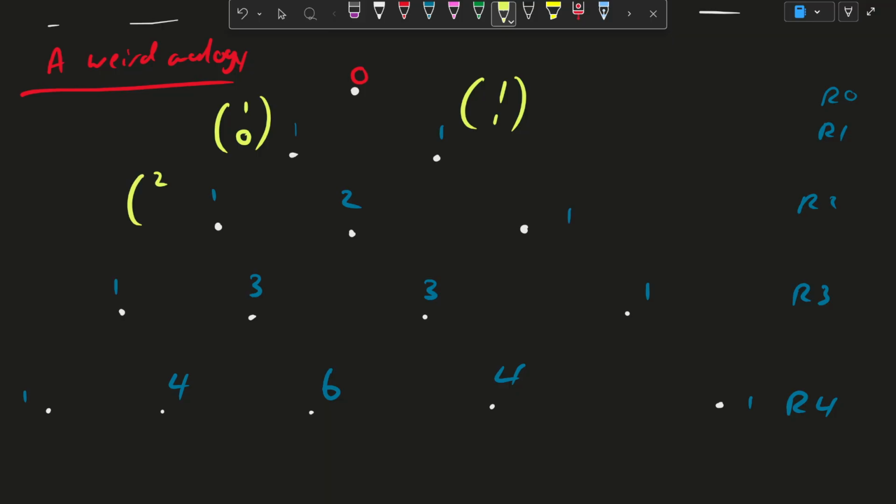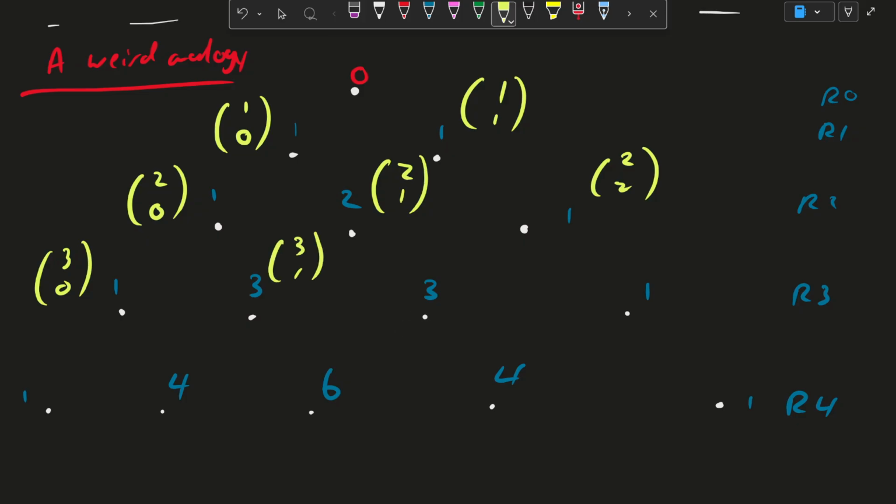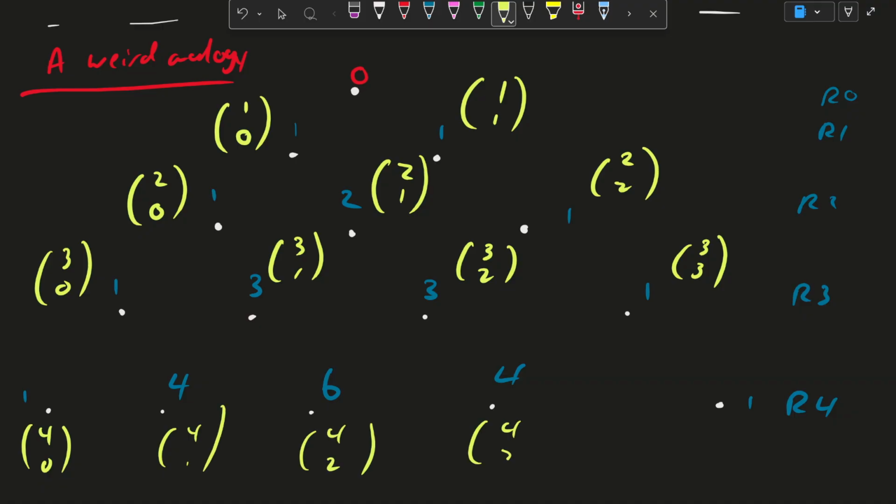So here we have row 2 moving to the right no times, once, and twice. Similarly, row 3 moving to the right no times, once, twice, and all 3 times. And similarly, 4 choose 0, 4 choose 1, 4 choose 2, 4 choose 3, and 4 choose 4.